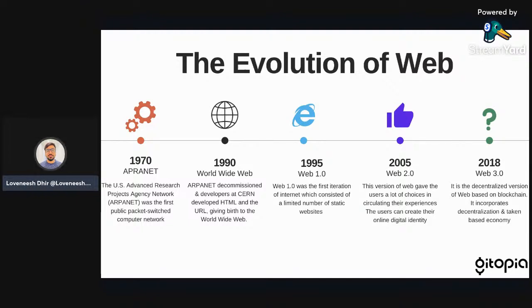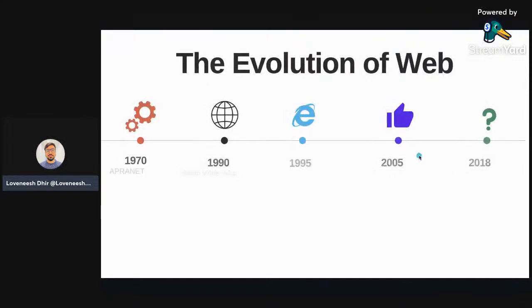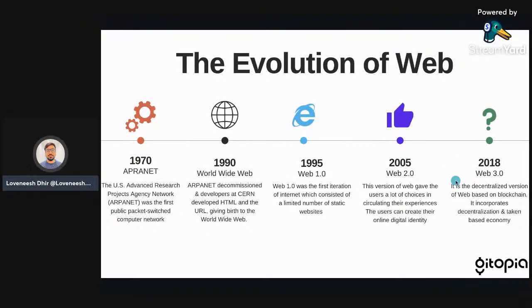And for Web 3.0, we'll discuss Web 3.0 in detail in the later slides. Web 3.0 is the decentralized version of the web based on blockchain, and it incorporates decentralization and token based economy.